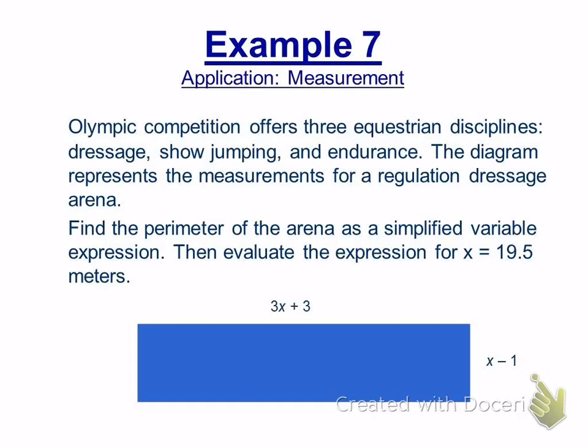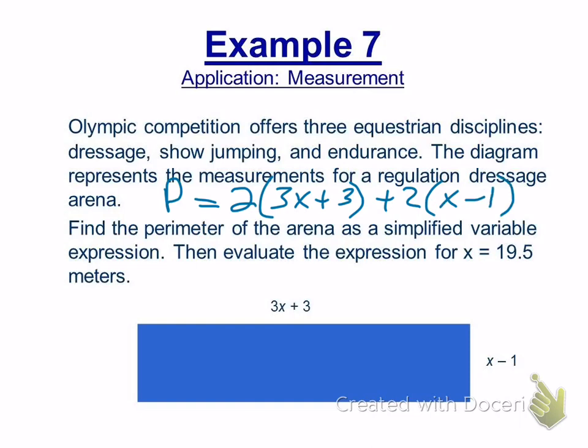Back to the problem. The diagram represents the measurement of a regulation dressage arena. Find the perimeter of the arena as a simplified variable expression. Then evaluate the expression for x equals 19.5. So we're going to use what formula here? Perimeter equals twice the length plus twice the width.